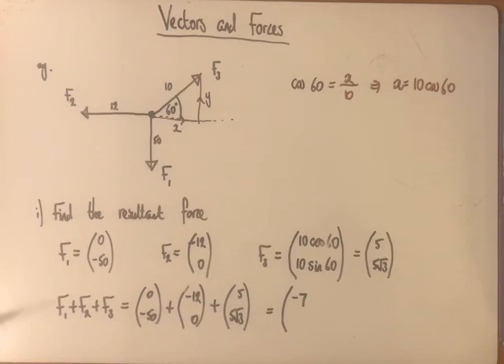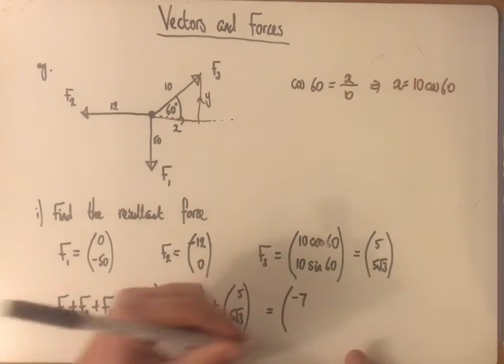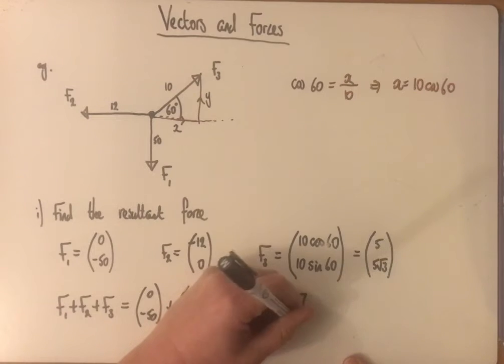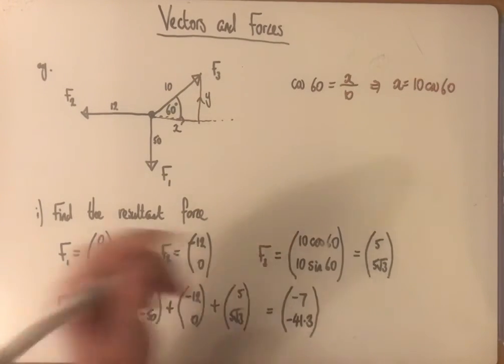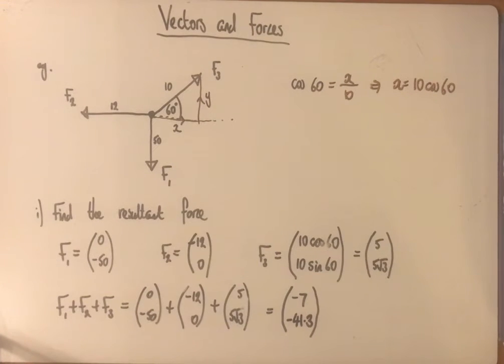And then vertically, we've got minus 50 plus 5 root 3, which gives you negative 41.3, or you could leave that in exact form if you wanted to. So resultant force, add your vectors together, and then showing that on a diagram.